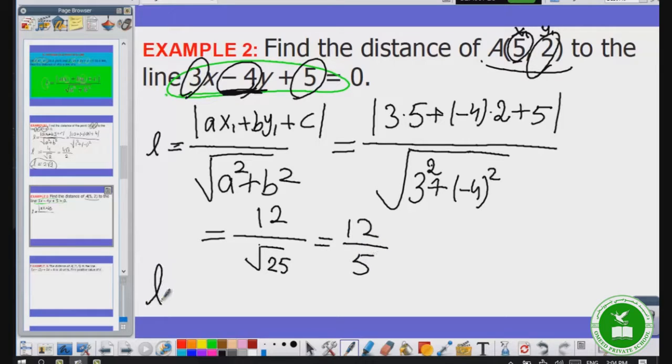Finally, the distance between point A and this line is equal to 2.4 units. Okay, that's how we calculate the distance of a line to a point, or the distance of a point to a line.